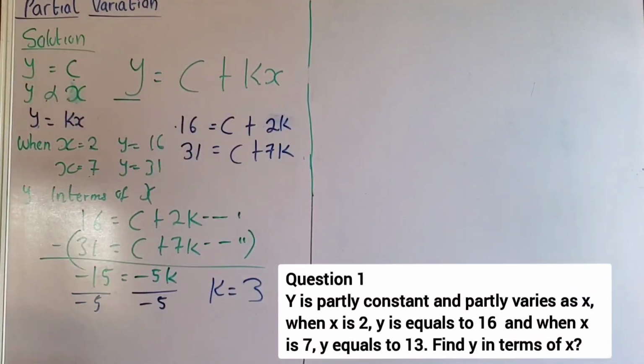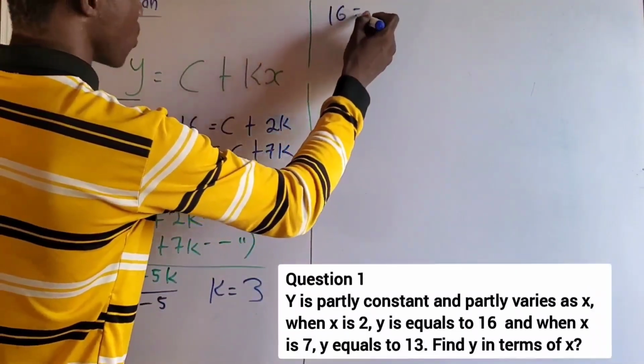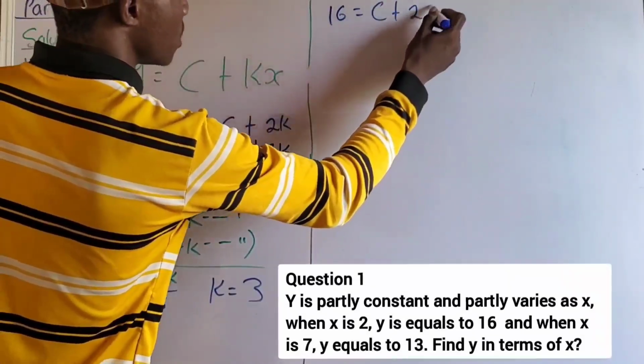Now, having gotten the value of k as 3, we can get the value of c by substituting the value of k into any of the equations, okay? So which equation should we use, equation 1 or equation 2? Well, I'm going to use equation 1. Equation 1 is 16 equals c plus 2k.